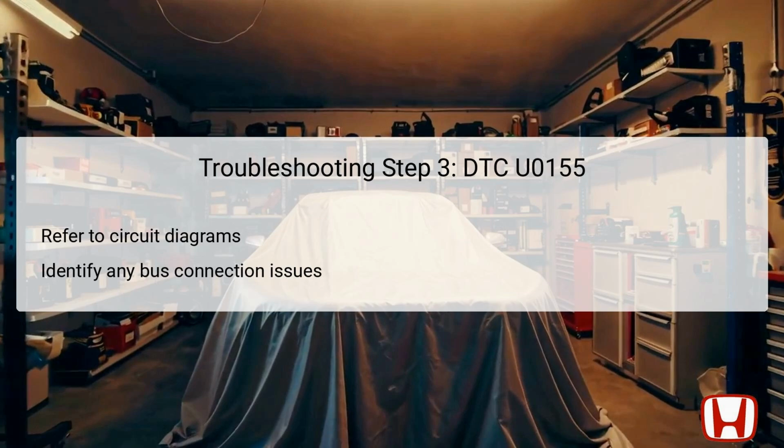Look for signs of disconnection or breaks along the communication lines. Pinpointing any bus connection issues is essential, as these could significantly impact the vehicle's performance. Addressing any discrepancies found here can often resolve the DTC without needing to replace modules.